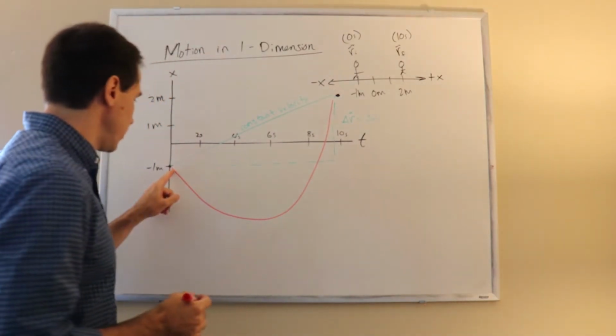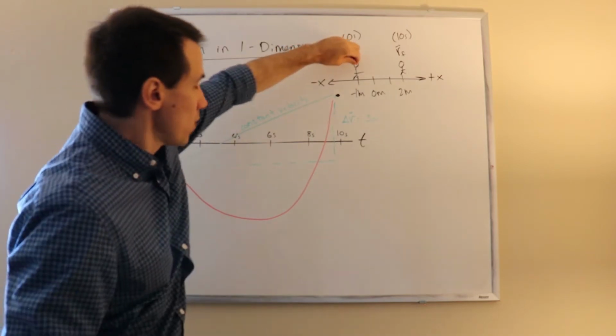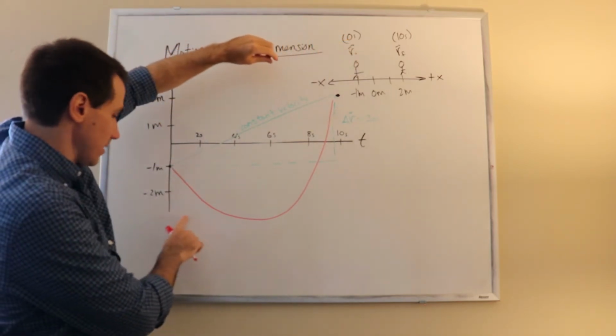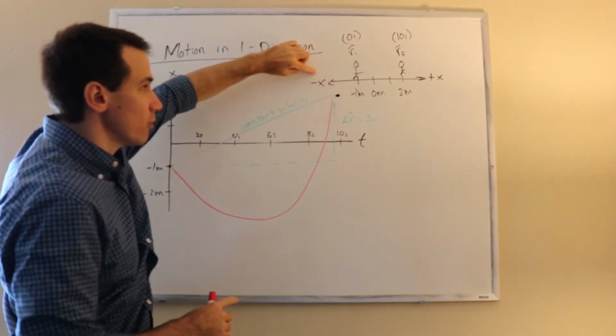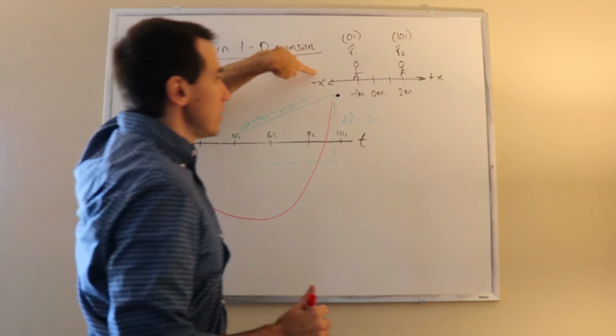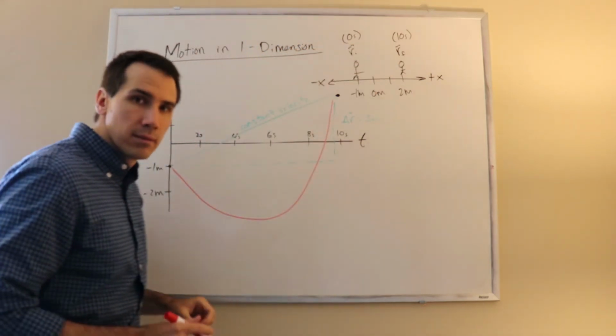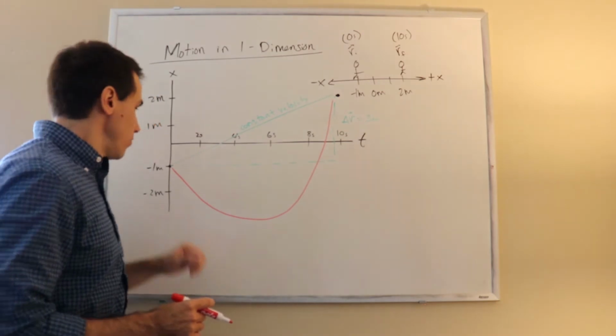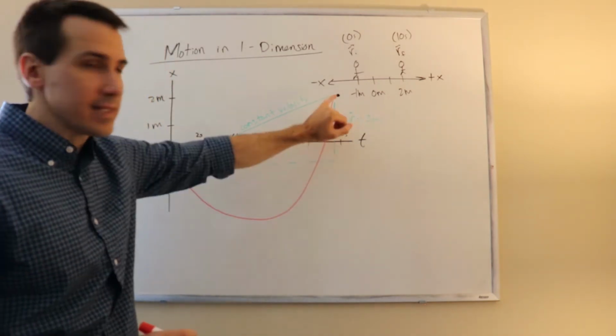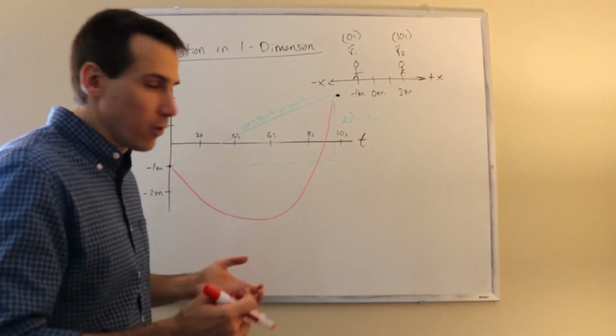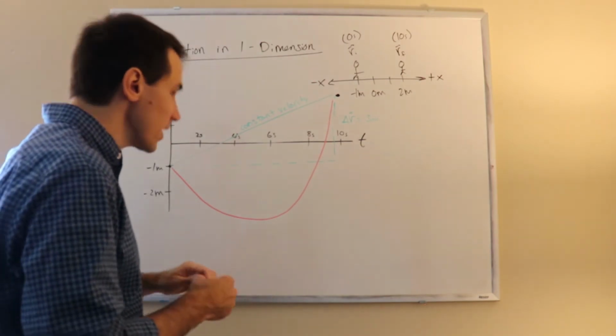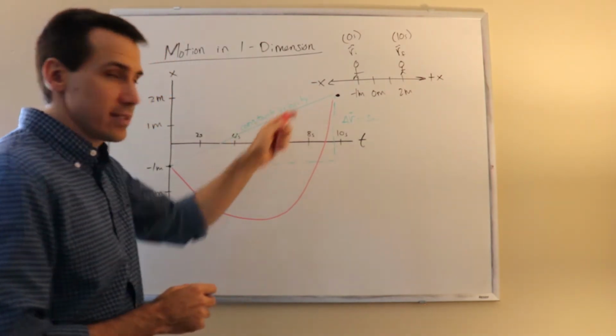So this corresponds to the person running. They probably made it to, say, -3. So they ran over here and then they ran back. This plots out their position over time, but it is certainly not a constant velocity.